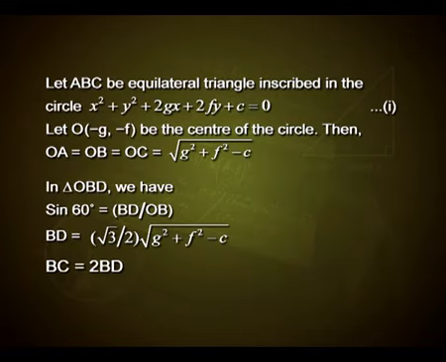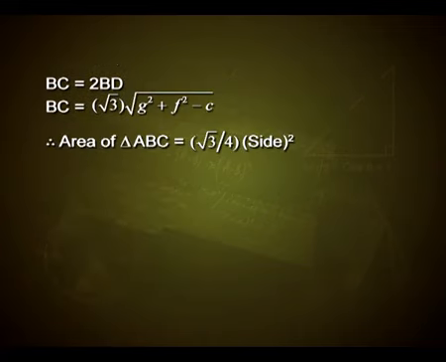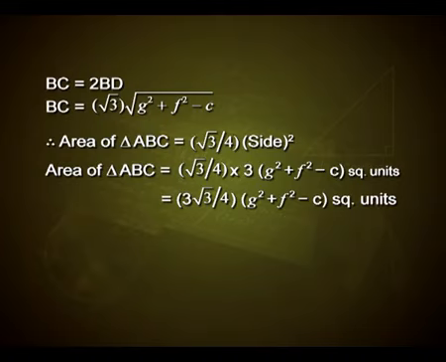As we know, BC is 2 times BD, so BC simplifies to √3·√(g² + f² - c). Therefore, the area of triangle ABC is (√3/4) × side². So the area can be simplified as (√3/4) × 3(g² + f² - c) square units, that is (3√3/4)(g² + f² - c) square units.